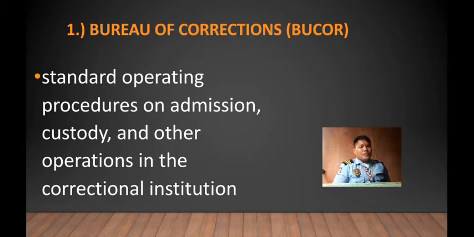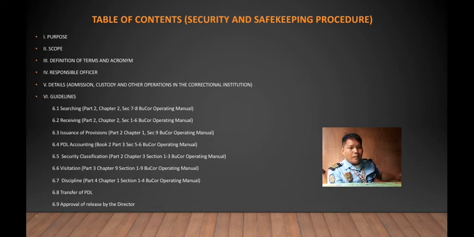Bureau of Corrections. Standard operating procedures on admission, custody, and other operations in the correctional institution. So we have here the table of contents of the security and safekeeping procedure.